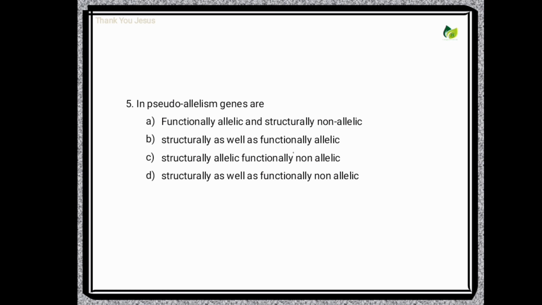Pseudoallelism is a state in which two genes with similar characters are located close to one another on the same chromosome. That's why they are genetically linked, and hence they always inherit together. So the answer is functionally allelic and structurally non-allelic.